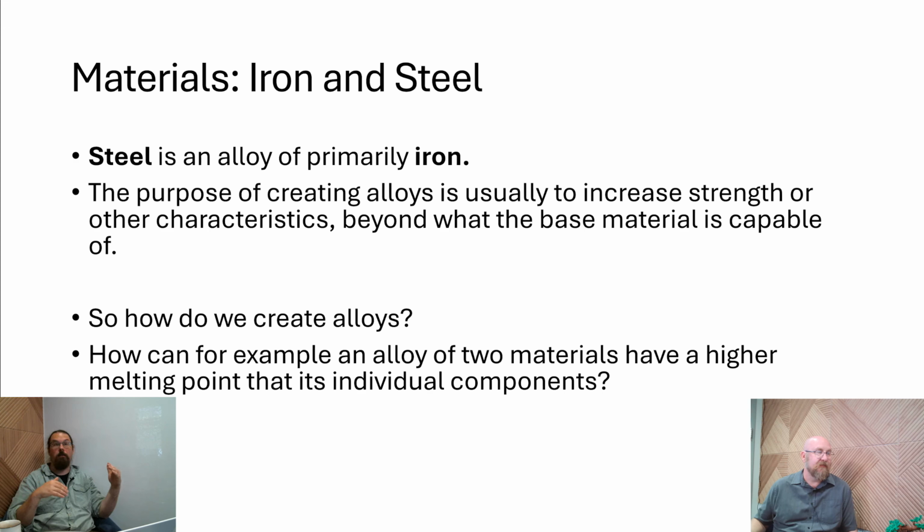That is a different category of mixing materials to enhance material properties, and we call those composites. The difference with composites is they retain their original material properties. It's just when you combine them together, they do things. We'll get into that later.